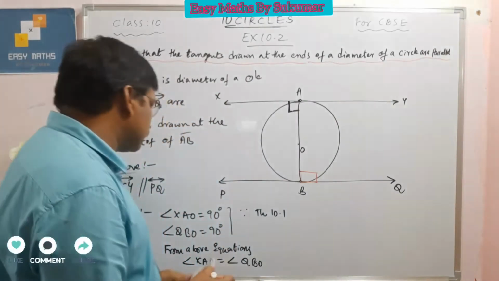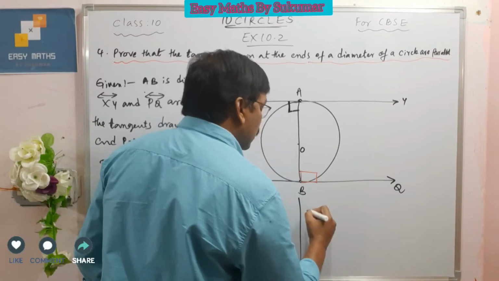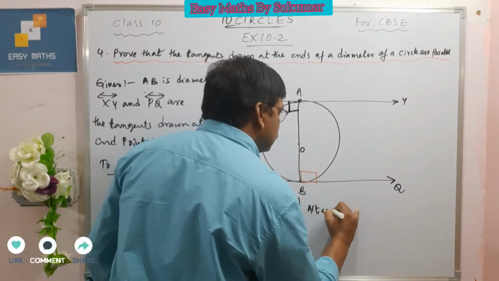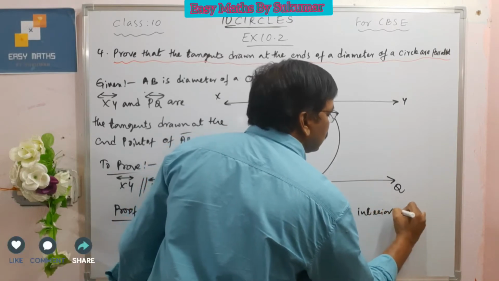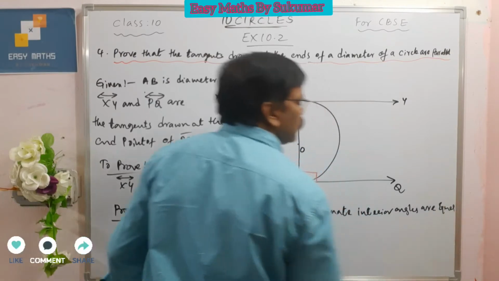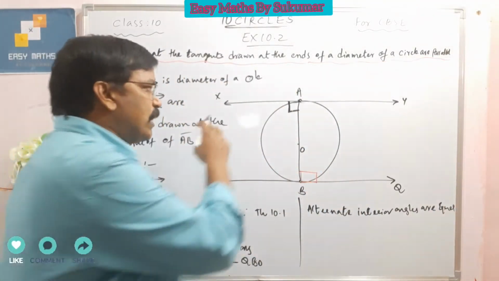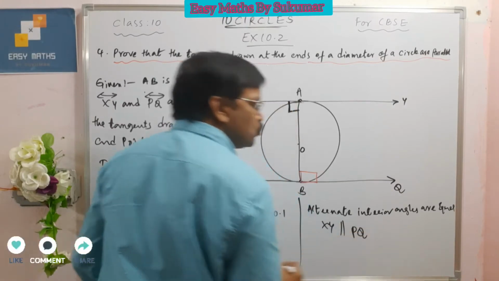So my dear students, angle XAO and angle QBO are alternate interior angles. Alternate interior angles are equal only when the two lines are parallel. That means XY is parallel to PQ.